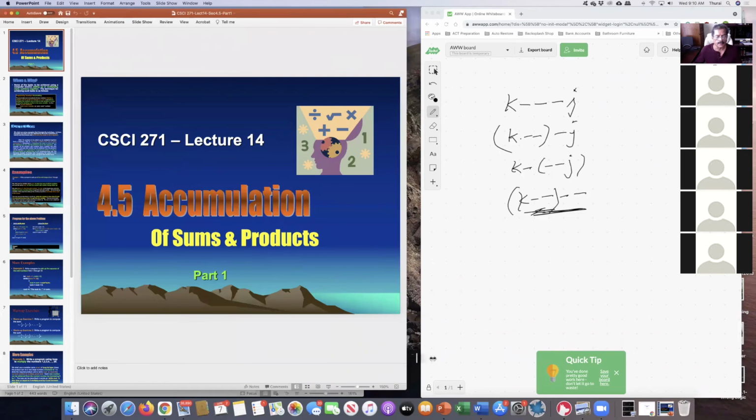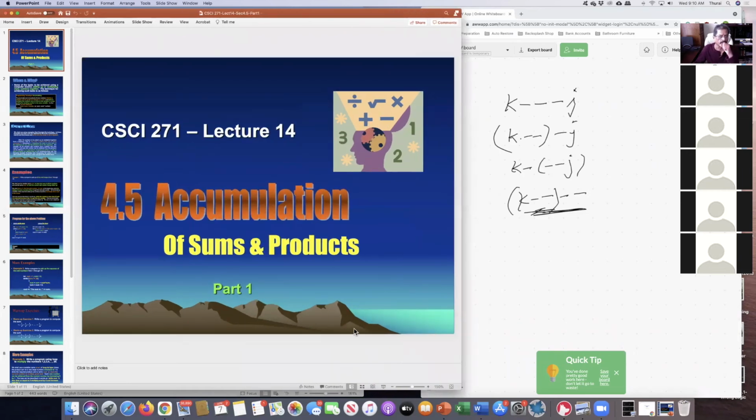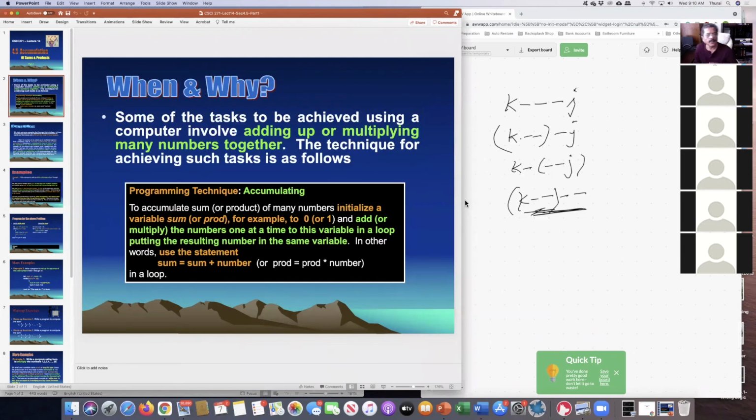Accumulation of sums and products. We just did one of those in the previous section. When you need to accumulate the sum of many things or multiply the product of many things, you need to use this expression. Whatever numbers you're going to add up should be added to sum.